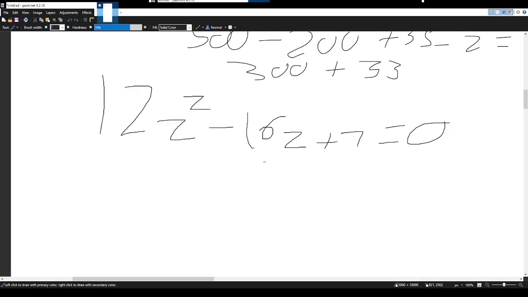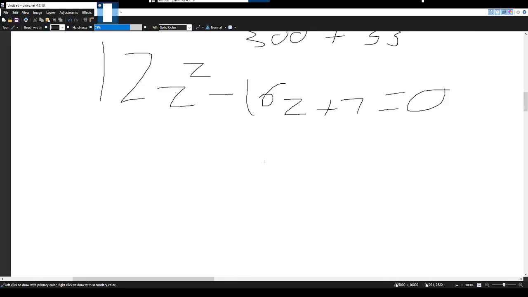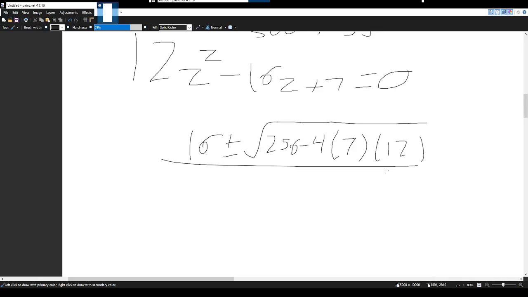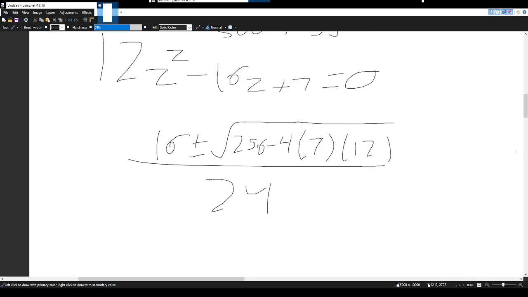I think I'm just going to do the quadratic formula. So negative b plus or minus root b squared minus 4ac, all over 2a. Okay, so now we use a calculator because I'm too lazy to do all this.